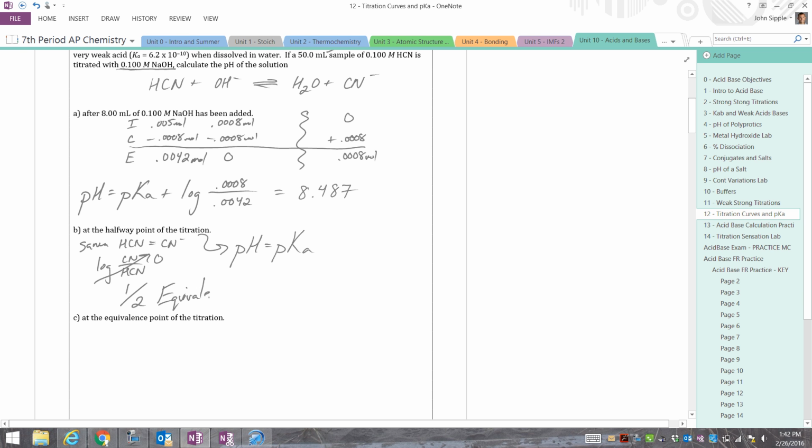Okay, so the half equivalence point. So the pH equals the pKa, right? So that's just equal to minus the log of 6.2 times 10 to the minus 10.